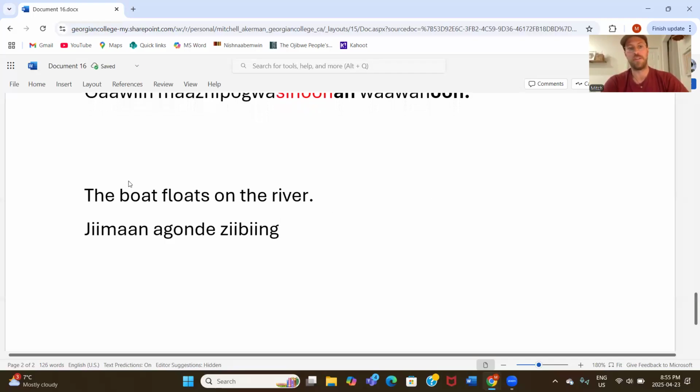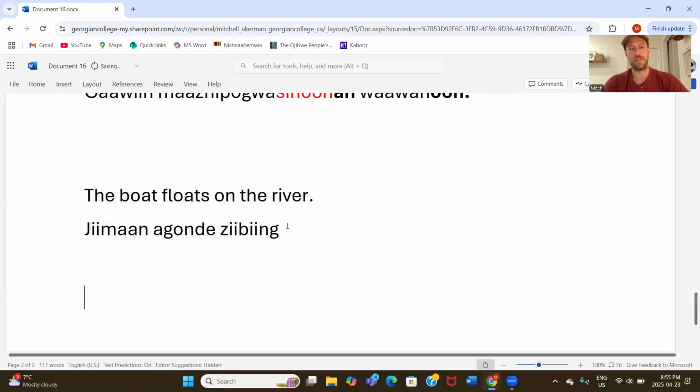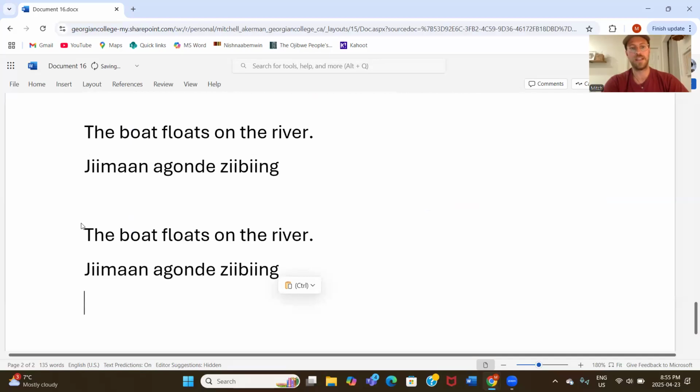The boat floats on the river. If I want to take that and make it negative, I'll put the negative just under it so you can compare them side by side. The negative would be the boat doesn't float on the river, right?